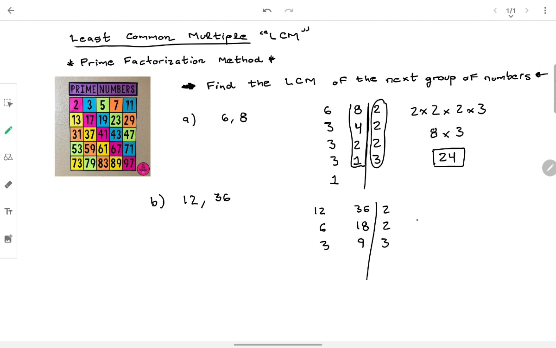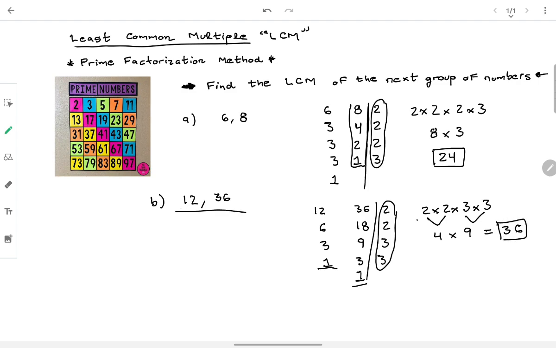We can use 3 and we will get 1 and 3. Then I use 3 again and I get 1, so I have finished. The least common multiple is 2 multiplied by 2 multiplied by 3 and multiplied by 3. This is 4 multiplied by 9, and we will get 36. So the least common multiple between 12 and 36 is 36.